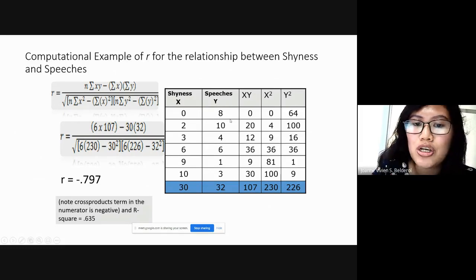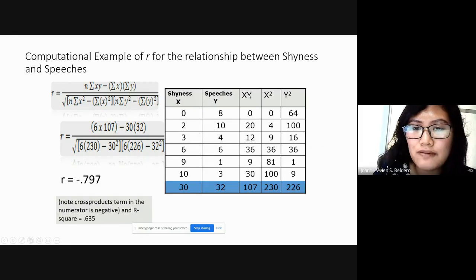For each data, you compute first x times y. So 0 times 8, 0; 2 times 10, 20; 3 times 4, 12; 6 times 6, 36; 9 times 1, 9; 10 times 3, 30.